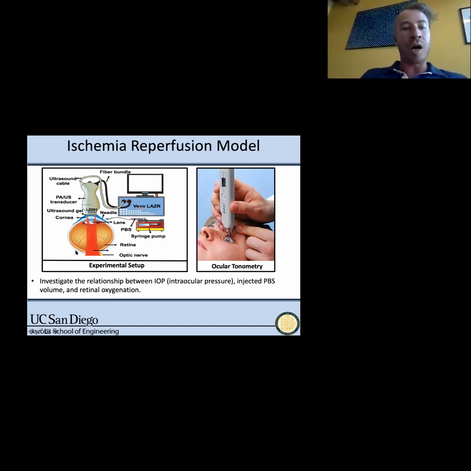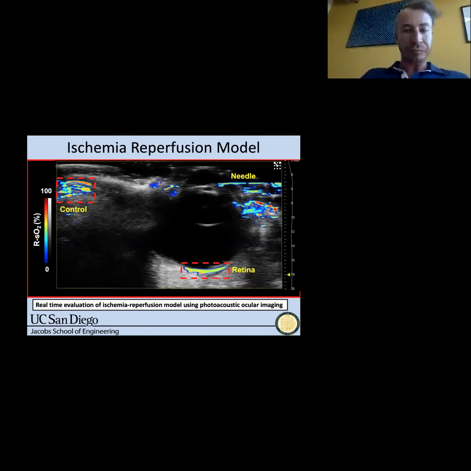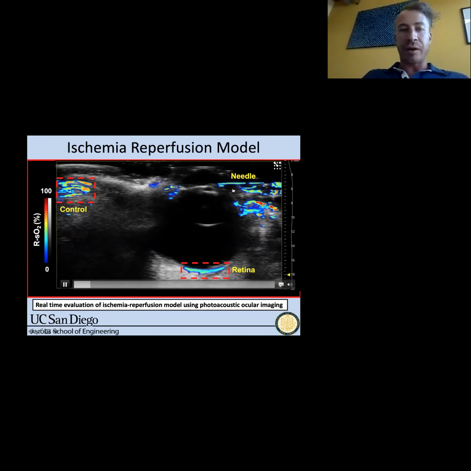As a model of this, an established model, we put a needle into the eyeball and injected PBS, so we could increase or decrease the pressure in the eye. Here you can see the needle, you can see the retina.